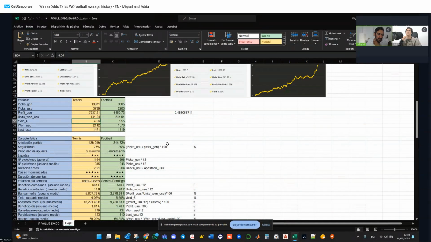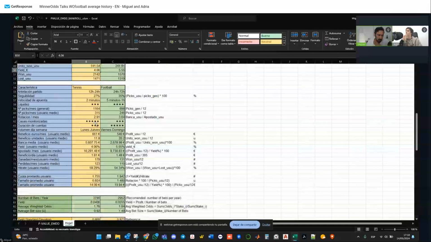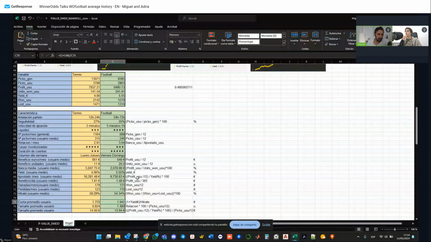That is also because the average odds we place in tennis are lower than the average odds we place in football. So this yield is better, but as you have higher odds, you also increase your risk, so it is not proportional.